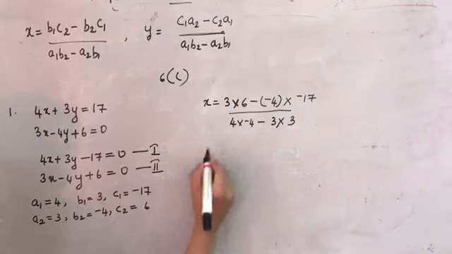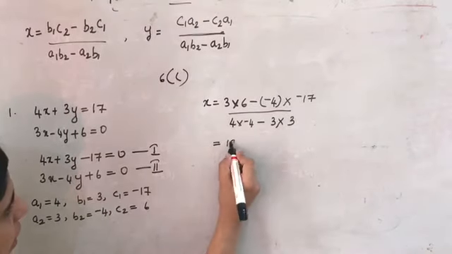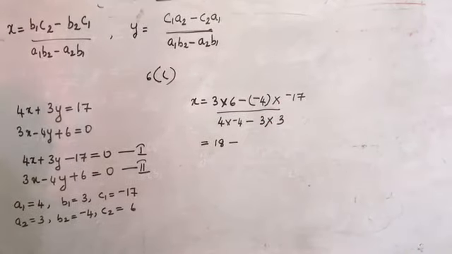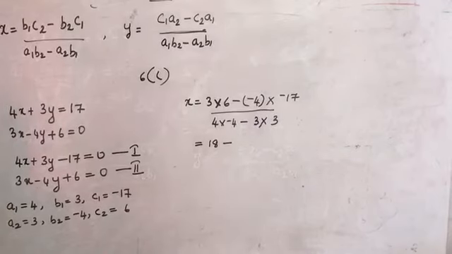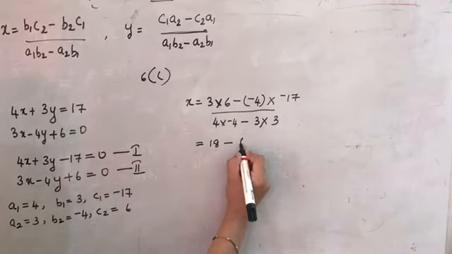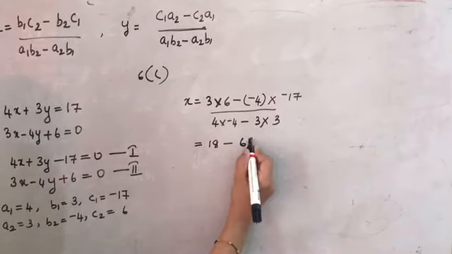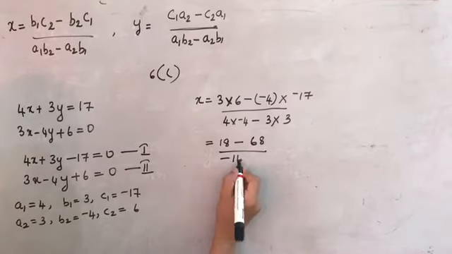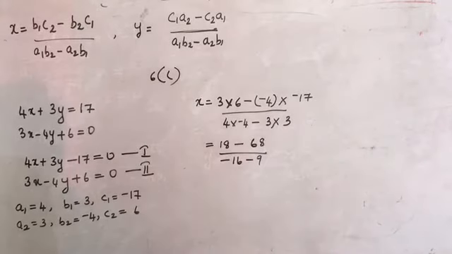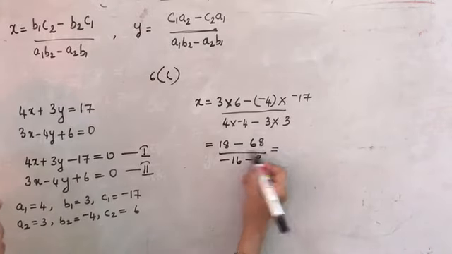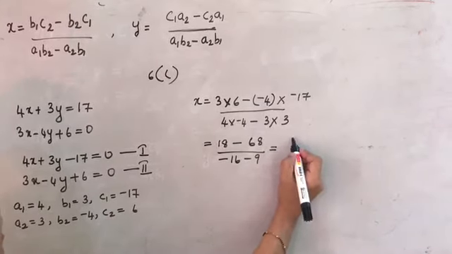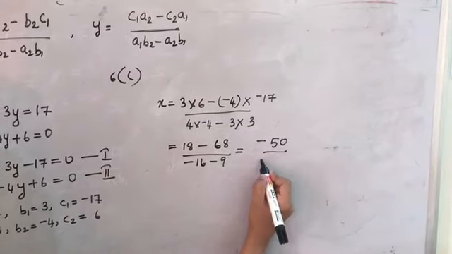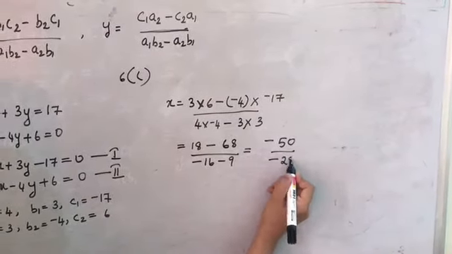So let us solve it. 3 6s are 18, minus into minus into minus gives you minus, minus 17 into 4, 68, by minus 16 minus 9. 18 minus 68 gives you minus 50 by minus 25, that is equal to 2.